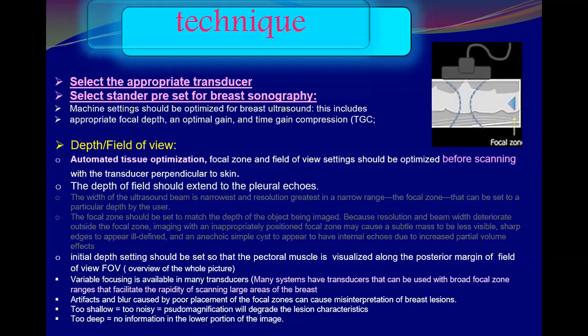When we start scanning the breast, we screen the whole breast. By screening the breast, I need to see from the skin to the chest wall. That is why I will optimize it at the center, at the mammary zone, so the depth of the breast will be optimized to visualize the pectoralis muscles and the pleural reflections.